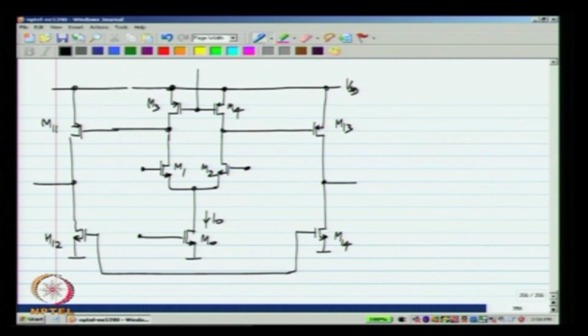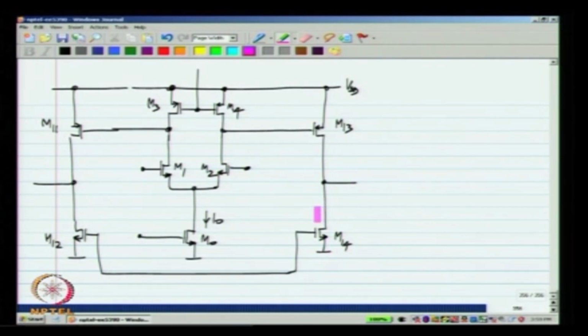Now, what we were earlier trying to do, or what we always try to do in common mode feedback, is to make the currents from M3 and M4 equal to the current from M0. Similarly, currents in M11 and M13 equal to the currents in M12 and M14.